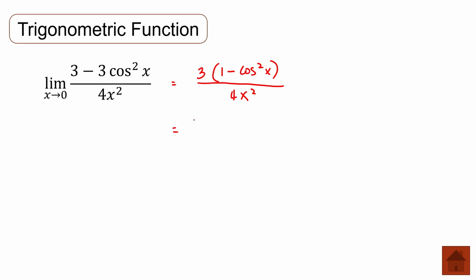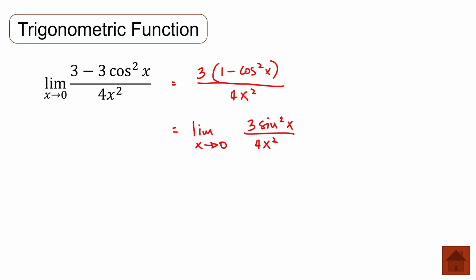So that means this is equal to the limit as x approaches 0 of 3 sine square x all over 4x square. Now once you reach this point, you are going to apply some of the properties of limits.